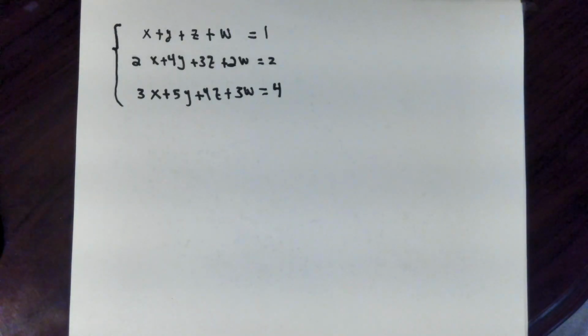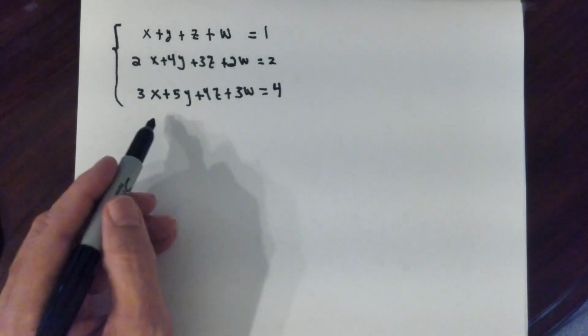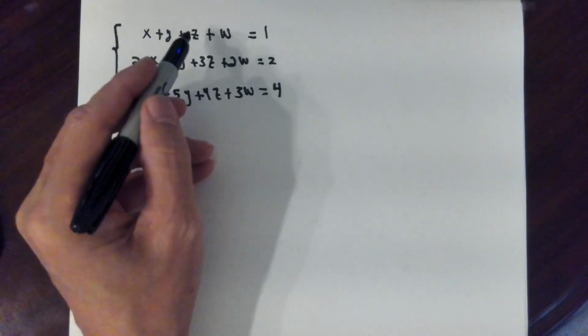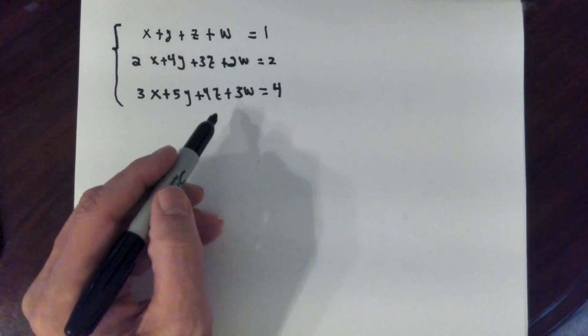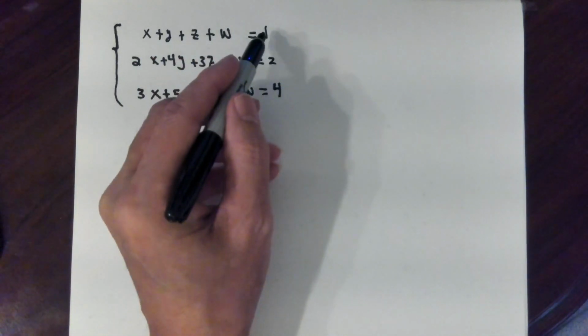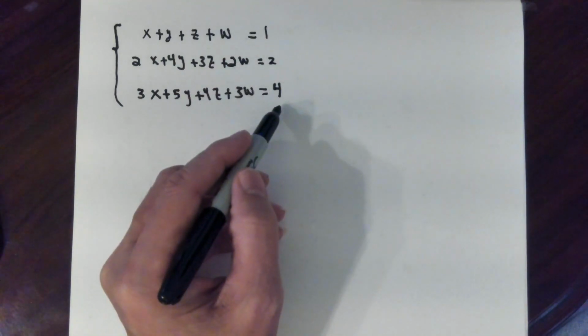And lastly, here, even though I have 4 things to move around and only 3 requirements, there's not going to be any solutions at all. If you add the first 2 equations together, you'll get 3x plus 5y plus 4z plus 3w equals 1 plus 2, which is not 4.